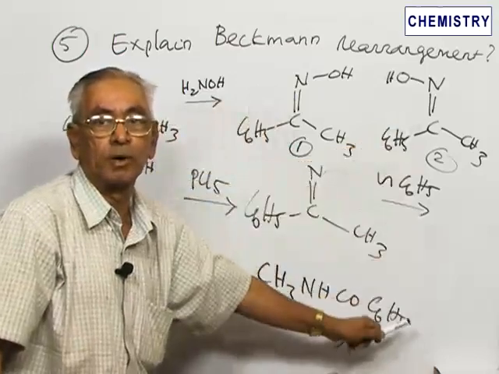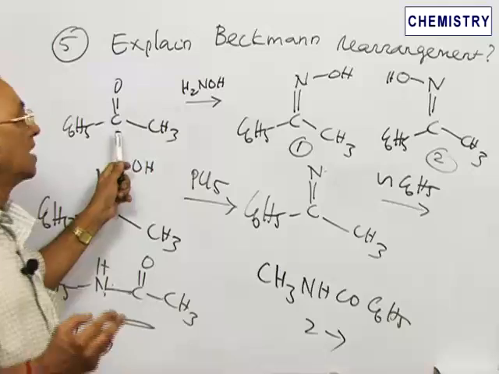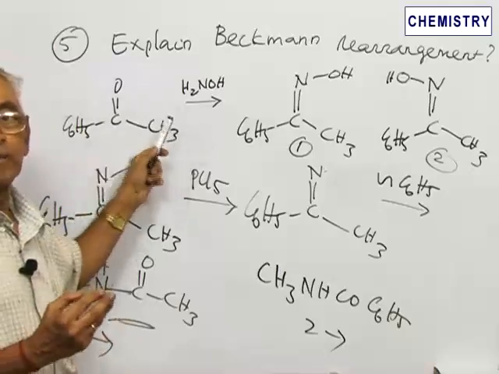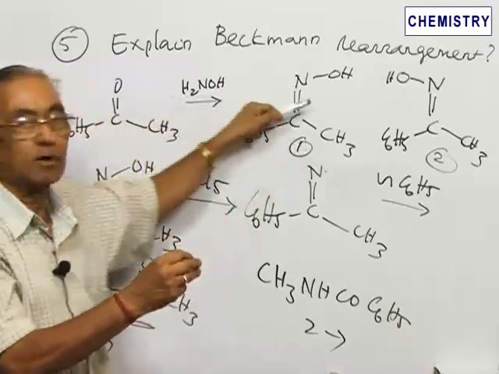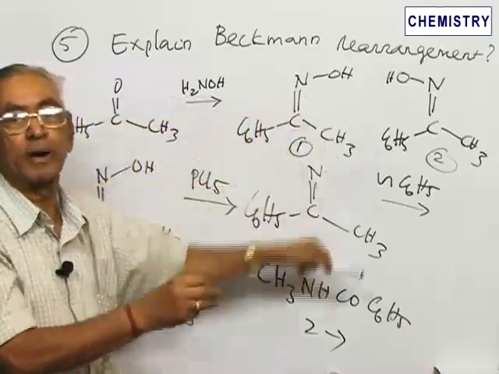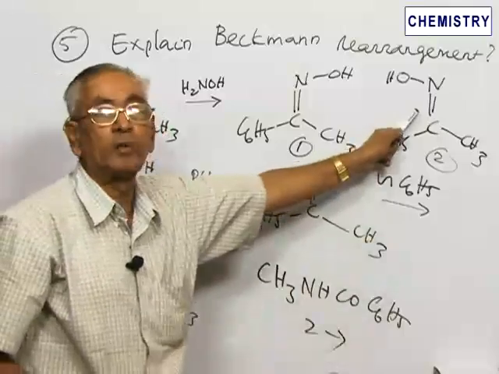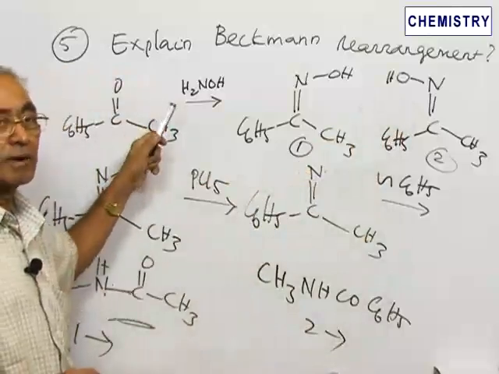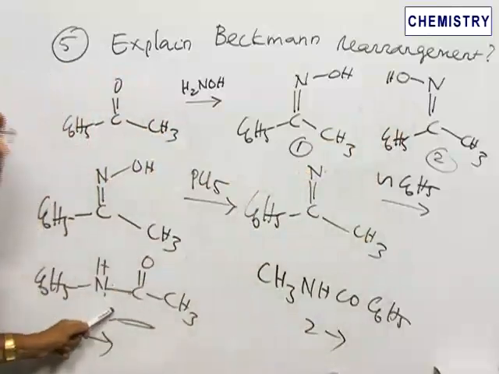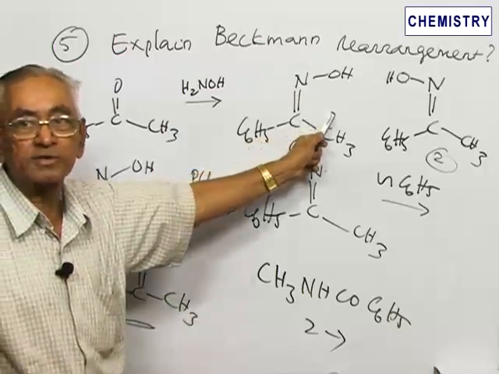Supposing the question is asked, acetophenone forms an oxime, and acetophenone oxime undergoes the Beckmann rearrangement to give rise to a product which is this. Then immediately you can say the structure of the oxime formed is this. But if acetophenone oxime undergoes Beckmann rearrangement to give rise to a product like this, then you can immediately say that the structure of the oxime formed is this.